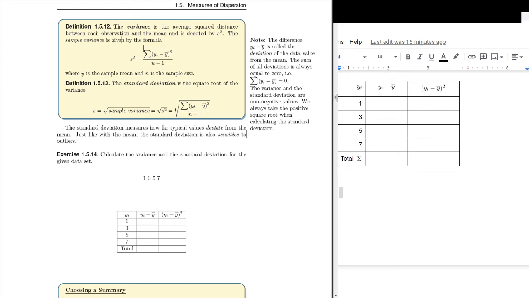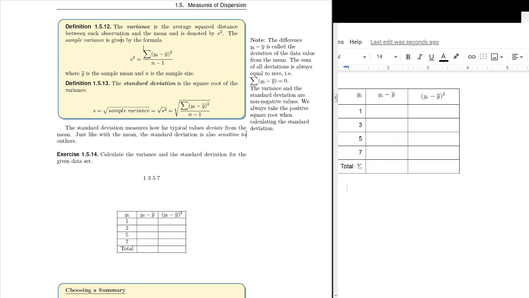Now the first thing that we need is to calculate the mean. So the mean is 1 plus 3 plus 5 plus 7, all divided by 4. And this gives us a value of 4 for the sample mean. Now that we have the sample mean, what we'll do next is to take every observation, y sub i, and subtract the mean.